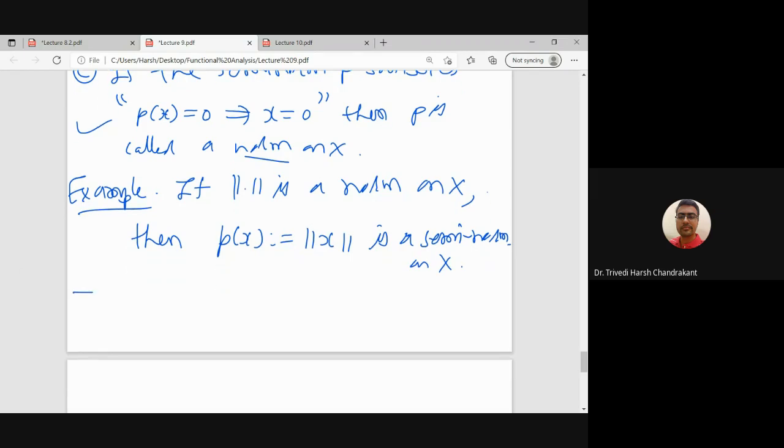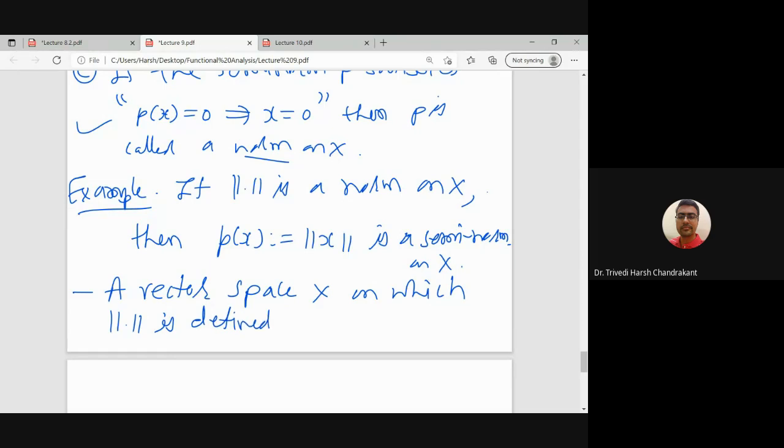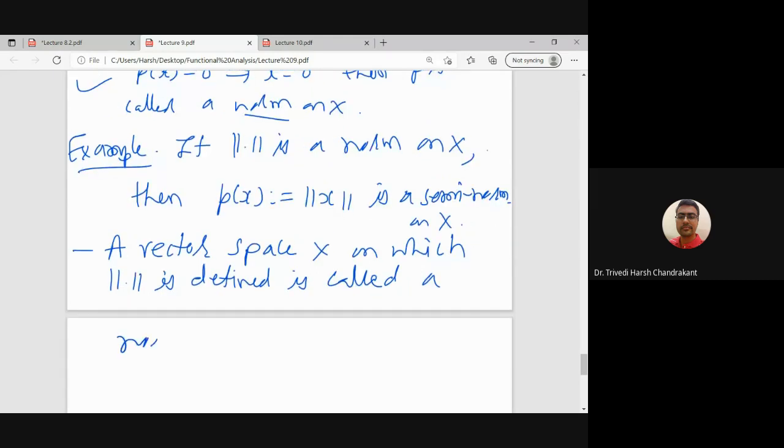Okay, so we have already noted that a vector space on which we have defined a norm is called a norm-linear space.